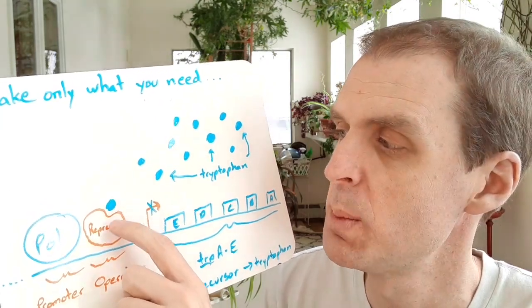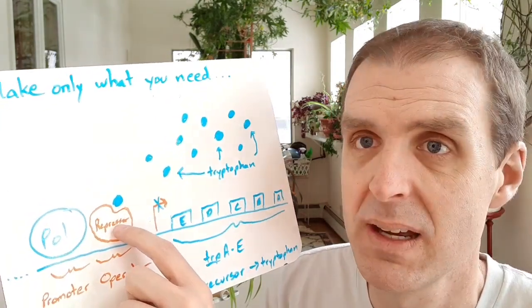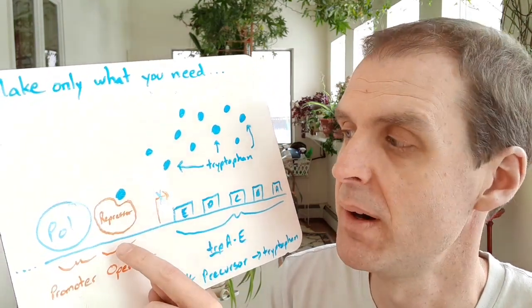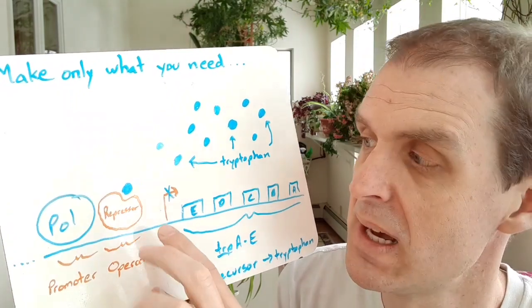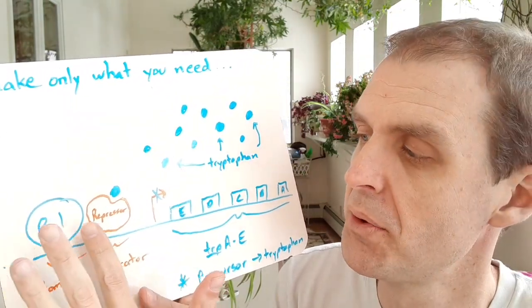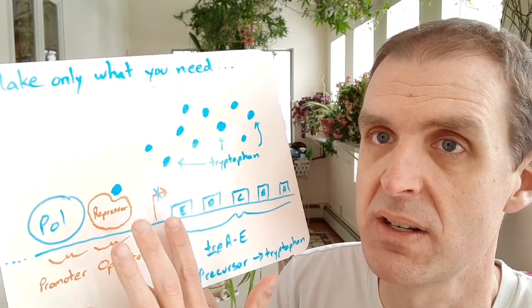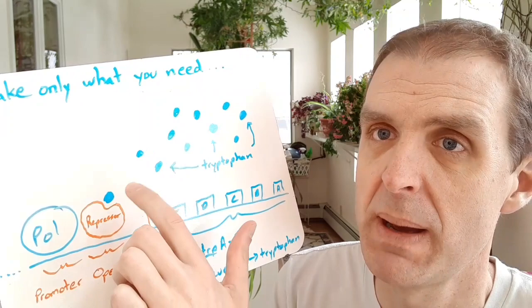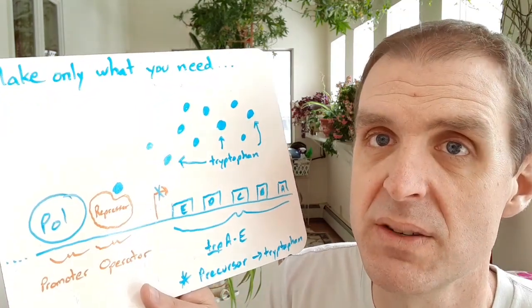And when you have tryptophan, the repressor can stick to the operator. And that creates a nice roadblock so that you cannot have the polymerase go through that sequence and get to the transcription start site, okay? So a repressor bound with tryptophan is a nice roadblock for the polymerase, and you don't turn on the expression of all of those enzymes that were controlled at that operon.